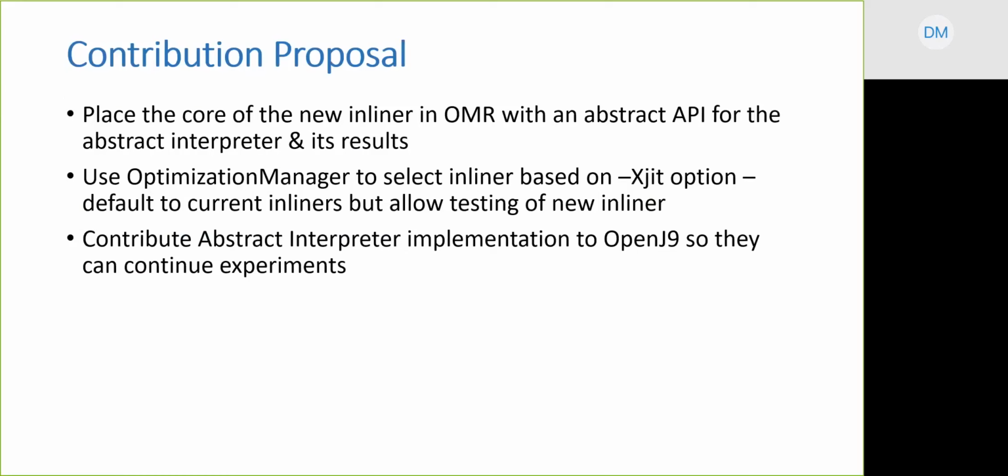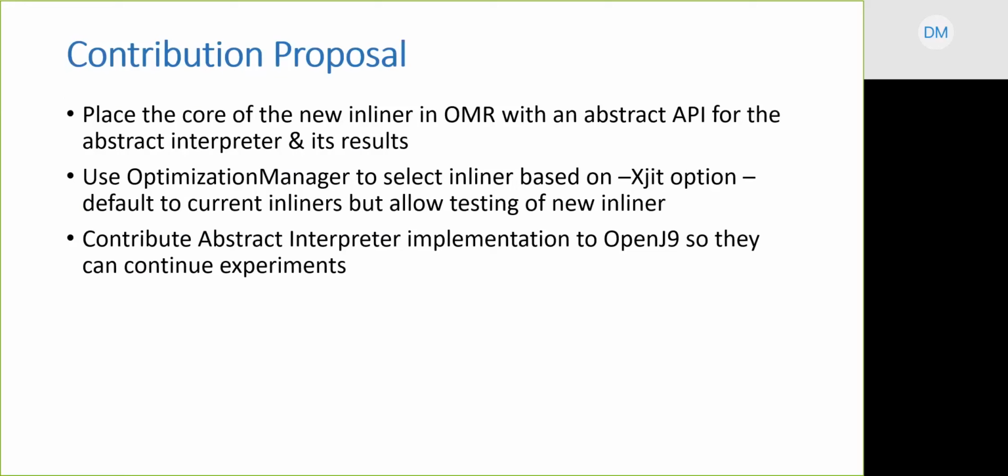And the current proposal that I have for how to put it in would be to provide an exit option to optionally enable this new inliner if your language has support for the abstract interpreter, and to make the switch between trivial inlining and this in the optimization manager so that you don't have to special case the whole optimization strategy.